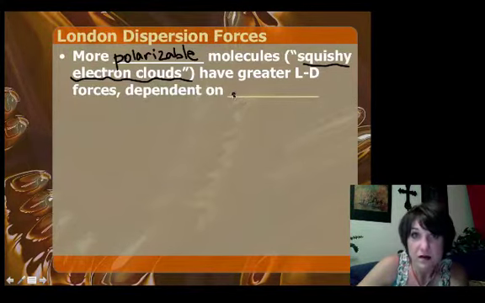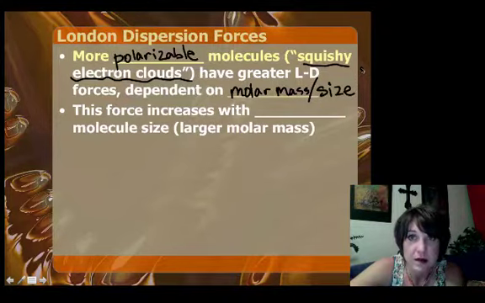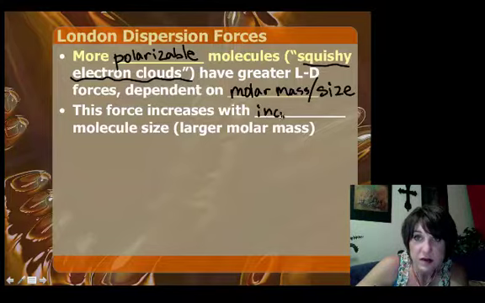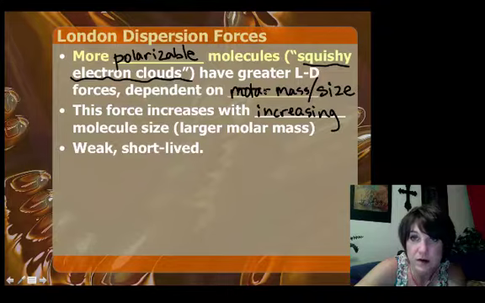And so this is going to be dependent on the molar mass. In other words, the size of that particle. This force tends to increase with increasing molecular size. Oh, I put the wrong word in here.